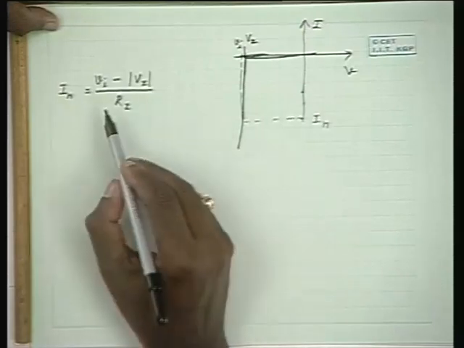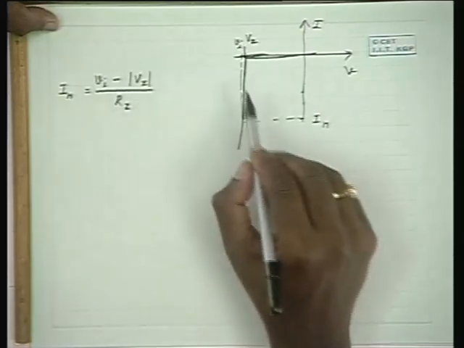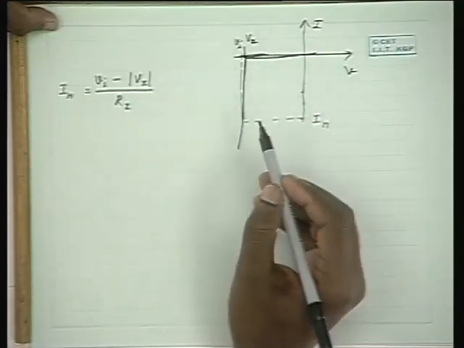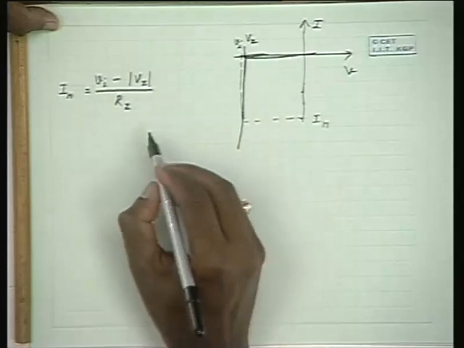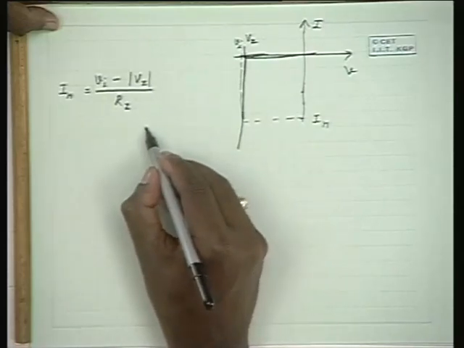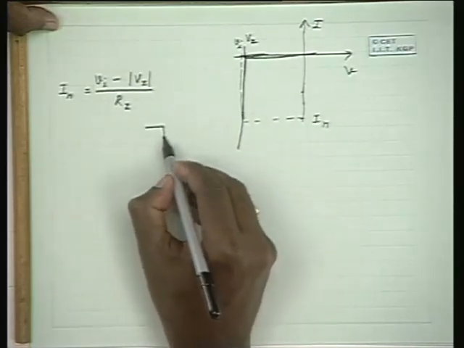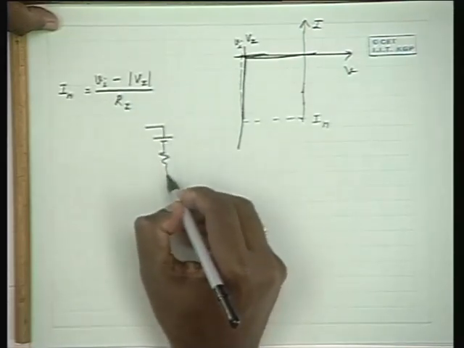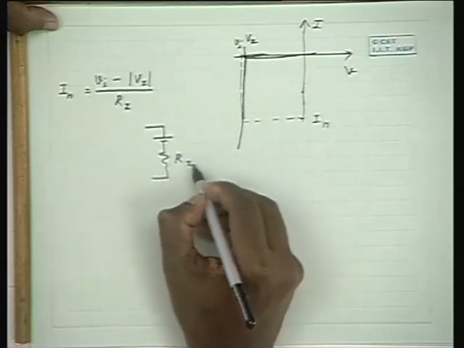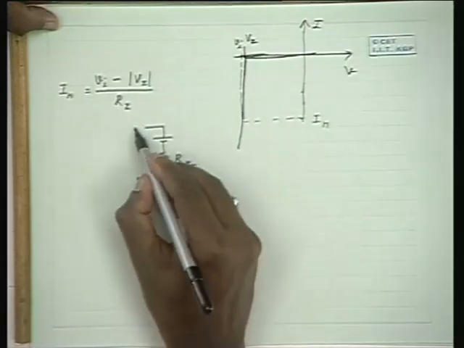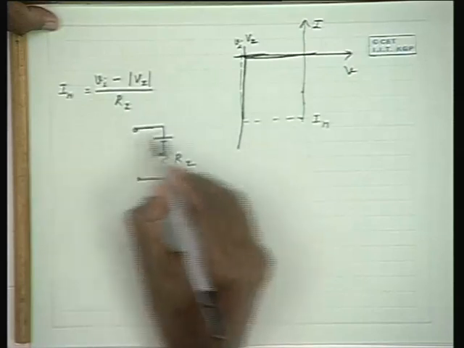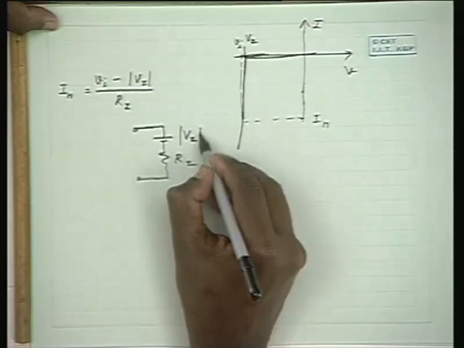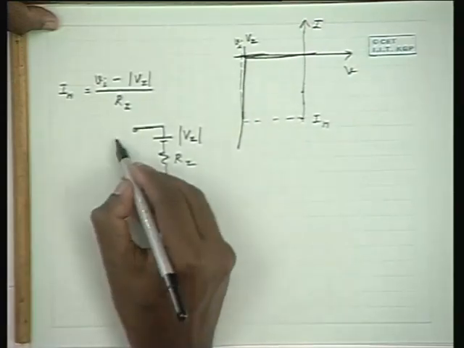Okay. So this can also be represented by, in the reverse direction, if you reverse the diode now and express it, you will find that this is equivalent to a voltage source in series with a small resistance Rz, which is very small, and this voltage is Vj, which is positive, so that is why I am representing it as mod Vz.